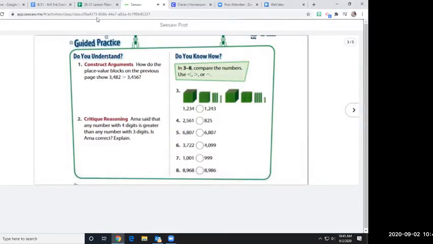First, we're going to have some conversation here about these two methods and how we can use them to compare two numbers. Number one under the guided practice says, how do the place value blocks on the previous page show that 3,482 is larger than 3,456?